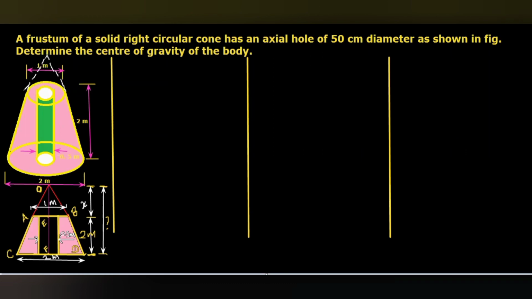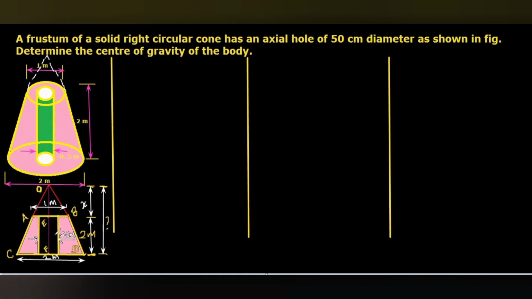Then the frustum portion is first to be removed; the cone OAB has to be removed. Then the axial hole with the diameter 50 centimeter also has to be removed. So from the large cone OCD, a smaller cone OAB has to be removed, and then this axial hole with a diameter of 50 centimeter or 0.5 meter also has to be removed.